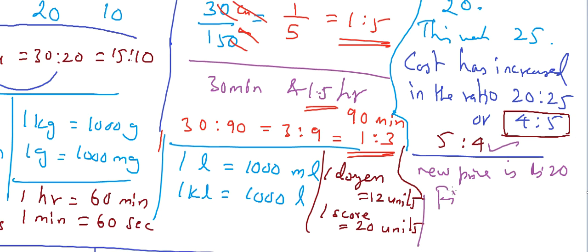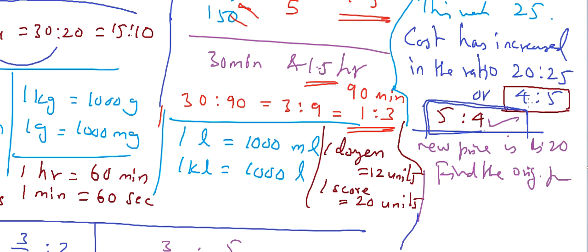Find the original price or old price. How to find the original price from this information? What is given is the ratio of the decrease. Price has decreased in the ratio 5:4 and the new price is 20.